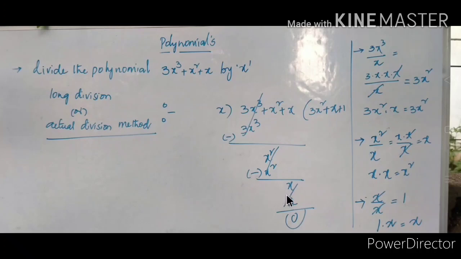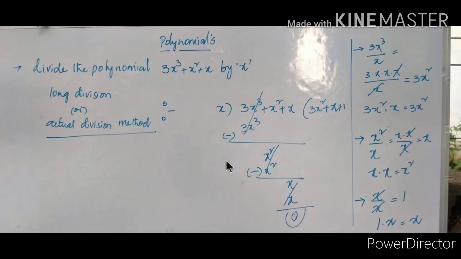Similarly, divide x by x. So the result is 1. Multiply this third term with our divisor. So the result is x. So the deduction result is 0. Let's recall our division fact, that is p of x is equal to g of x into q of x plus r of x.